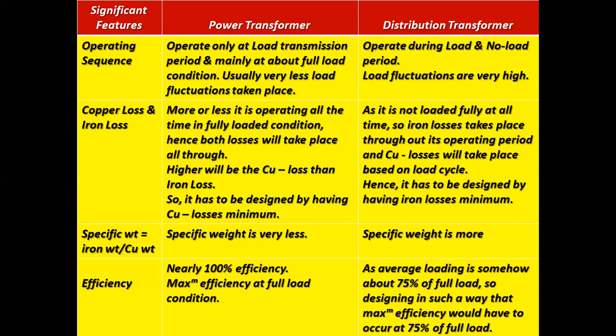Efficiency: nearly 100% efficiency in case of power transformer, that is maximum efficiency at full load condition. For distribution transformer, as average loading is somehow about 75% of full load, it is designed in such a way that maximum efficiency would occur at 75% full load.